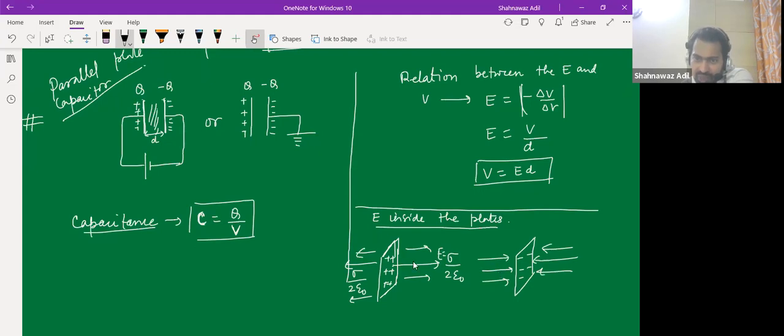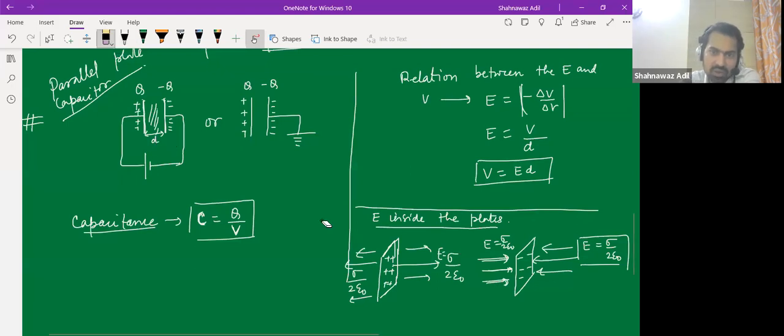The negative sign represents the opposite direction, but the magnitude is simply sigma by 2 epsilon naught. Clear? So now we have to calculate the electric field between these two plates.